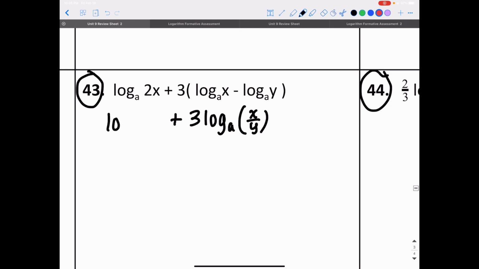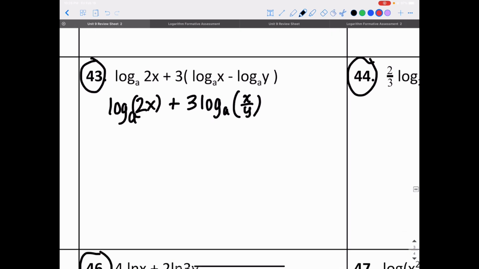My first logarithm doesn't need to be changed. Log base a of 2x is good. I'm just going to put 2x in parentheses so I could more clearly see what's inside of the logarithm. Now I want to combine these two, but I have the problem of this coefficient that I need to get rid of. I'm going to move that coefficient to be an exponent, and when I do that, I need to make sure that I'm distributing it to be the exponent for both the x and for the y.